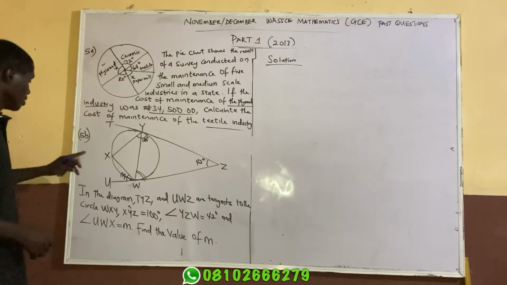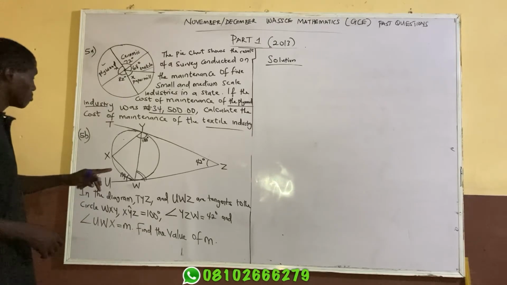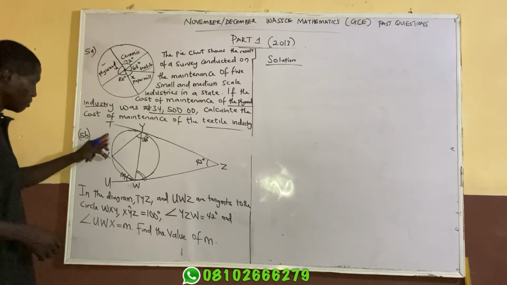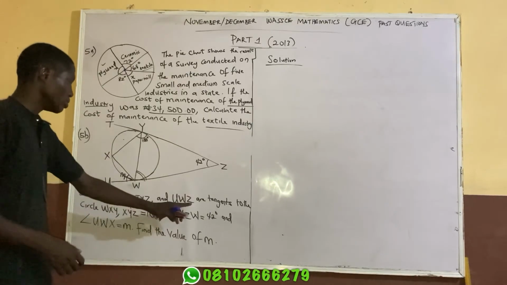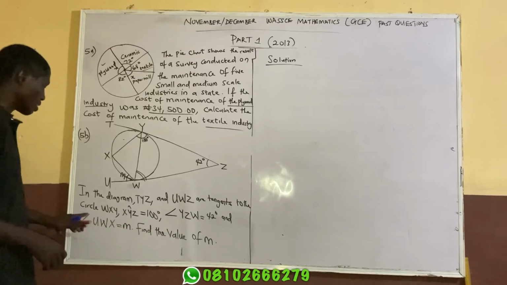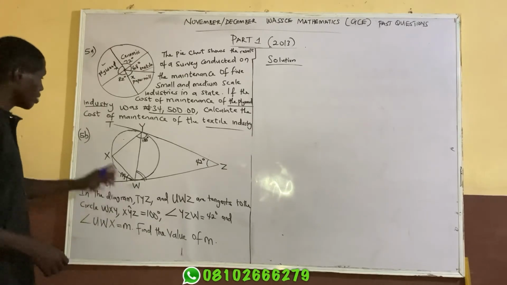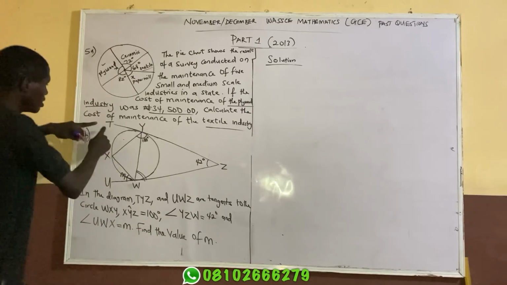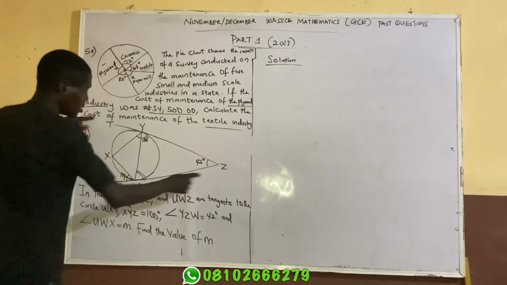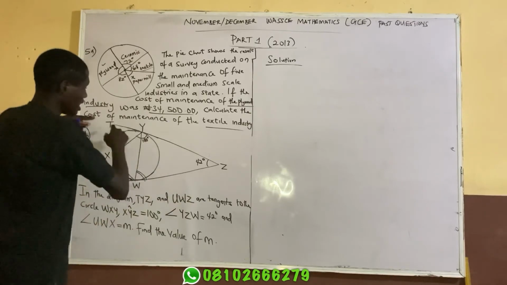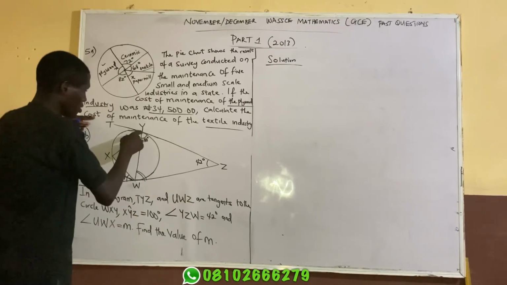It says that in the diagram above, TYZ and UWZ are tangents to the circle WXY. You can see that TYZ and UWZ are tangents, that is, lines that touch the circle at outside points.